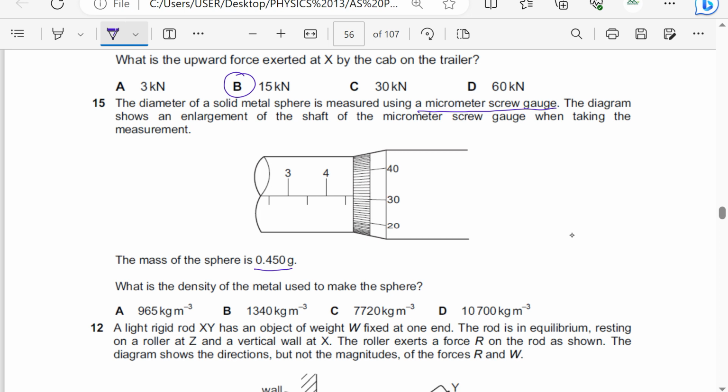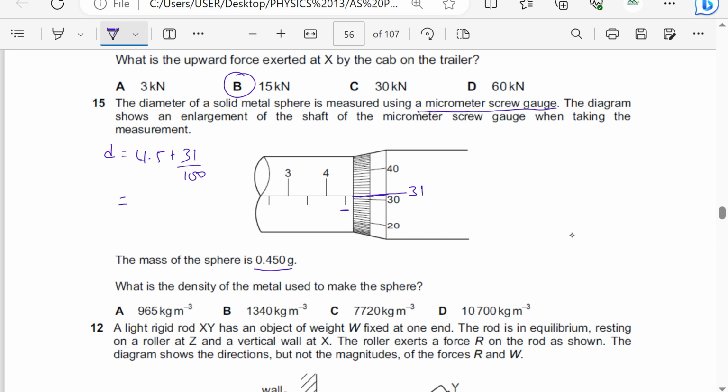So first of all, I'll find the diameter. This is going to be 4.5 plus, I think this is 31. This one here is the most important mark, 31. So that is going to be plus 31 divided by 100.